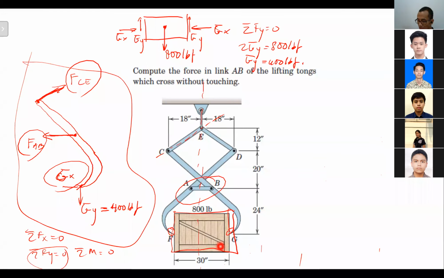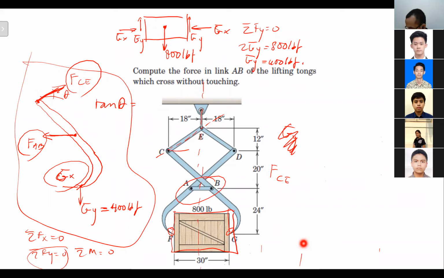Using sigma Fy equal to 0, if going up is positive, it is FCE cos theta here, right? Theta there, tangent theta is supposed to be, what is tangent theta there?